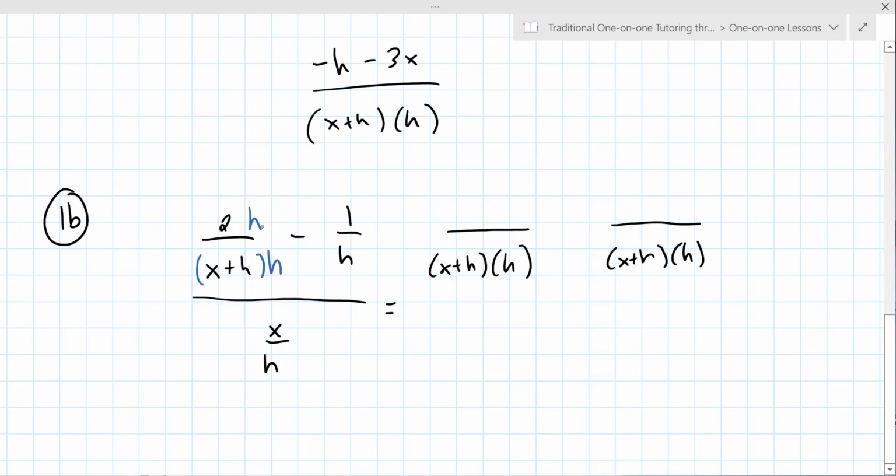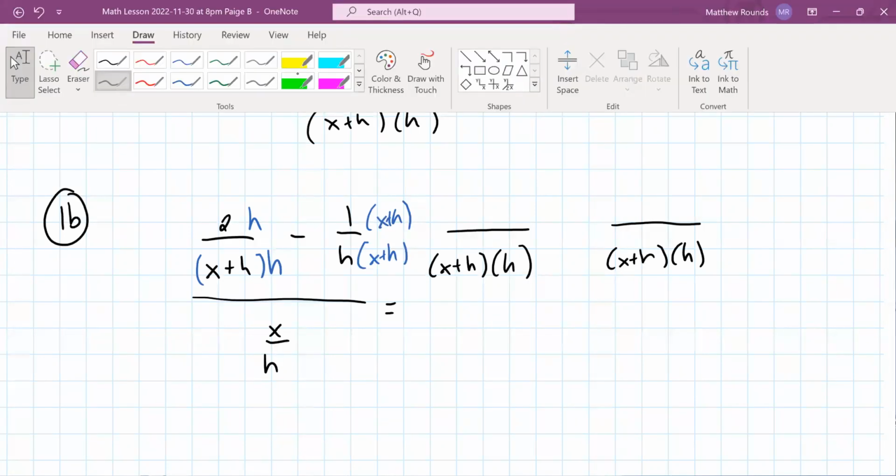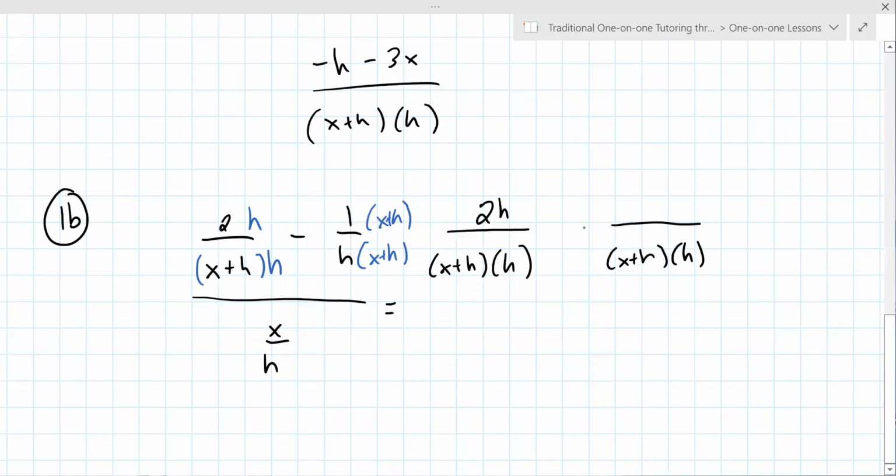So the 2 over the x plus h is missing the h, and then x plus h for the one on the right. And that produces 2h minus 1 times x plus h over here.